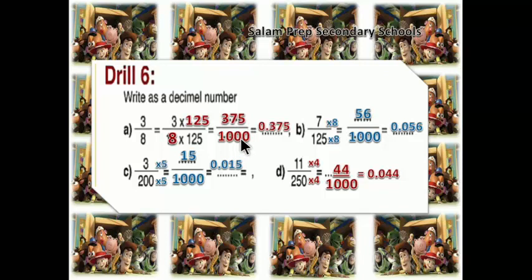This is a proper fraction, so we can write the decimal point. There is no whole number, so we will put 0. In the decimal part, we can write 375.